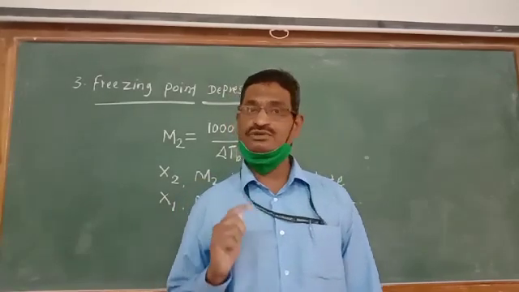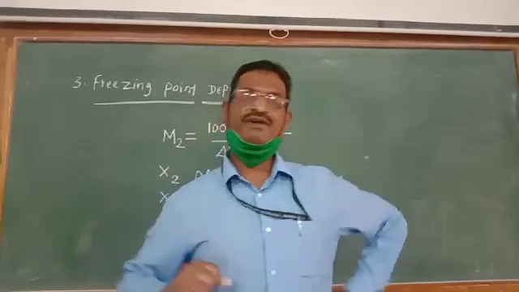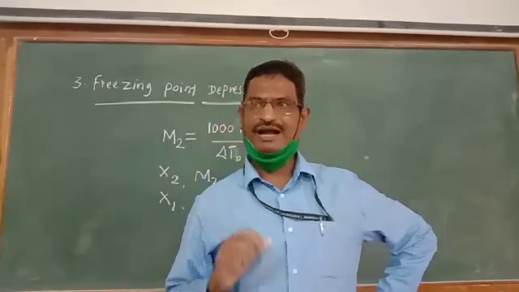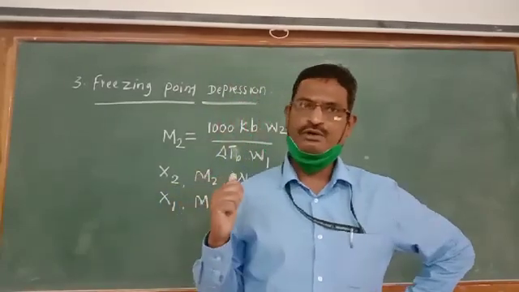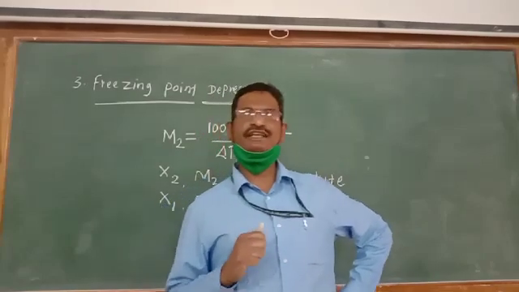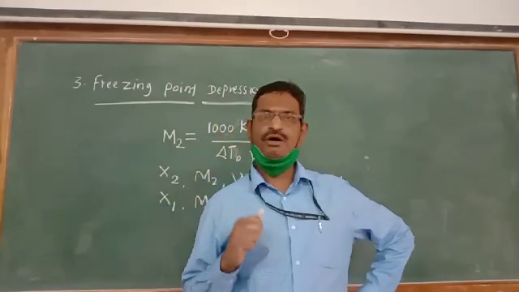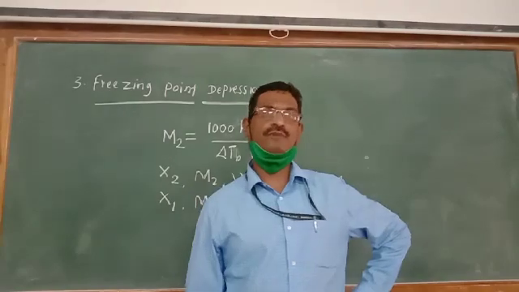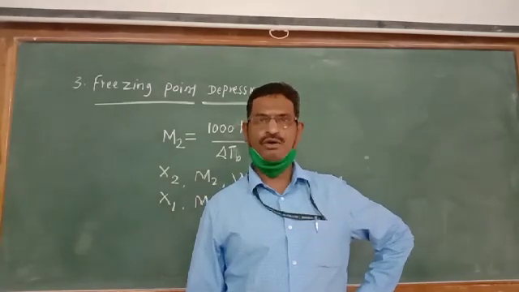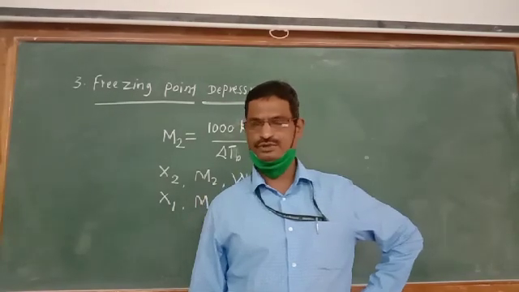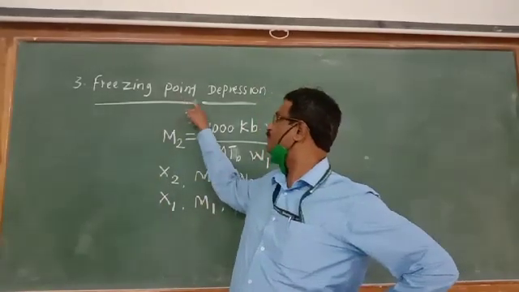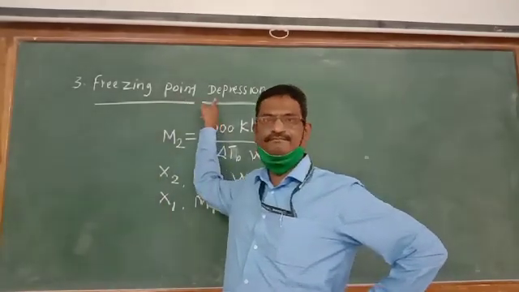Then what is meant by depression of freezing point. And finally, here also we have to see one expression for determination of molar mass of non-volatile, non-electrolyte solute. So let us start with the freezing point depression.